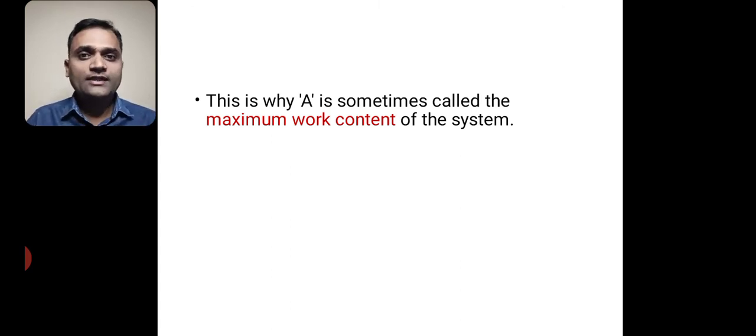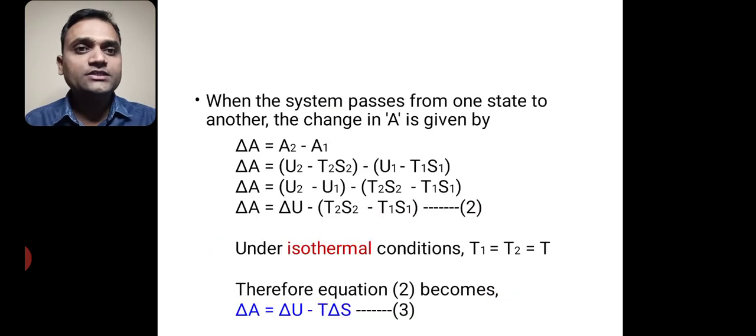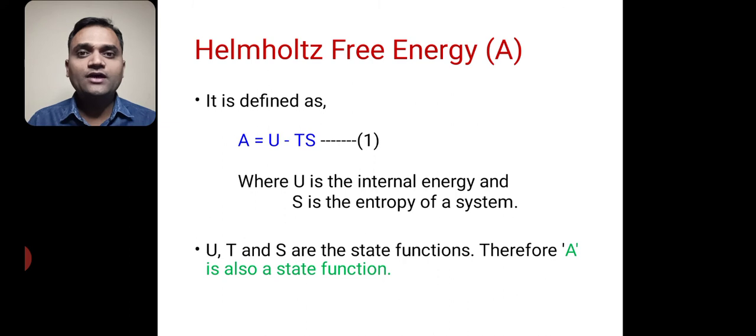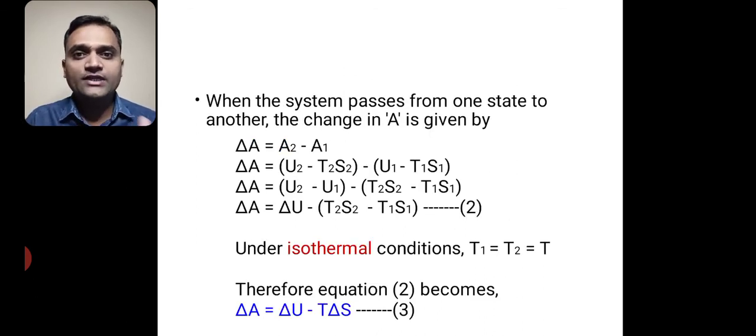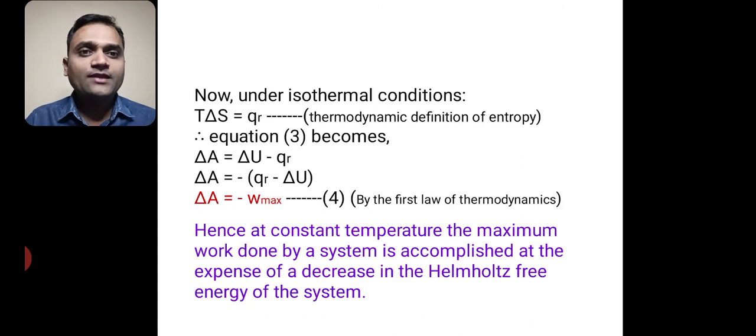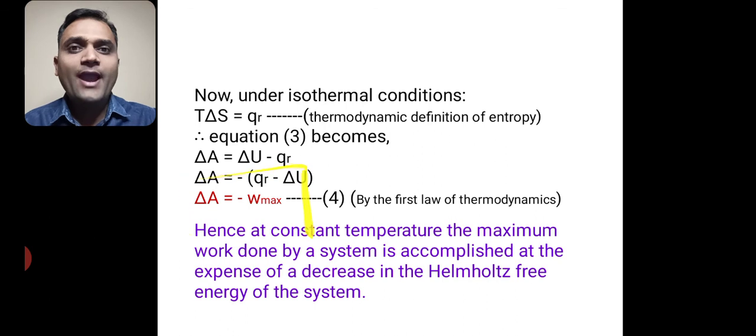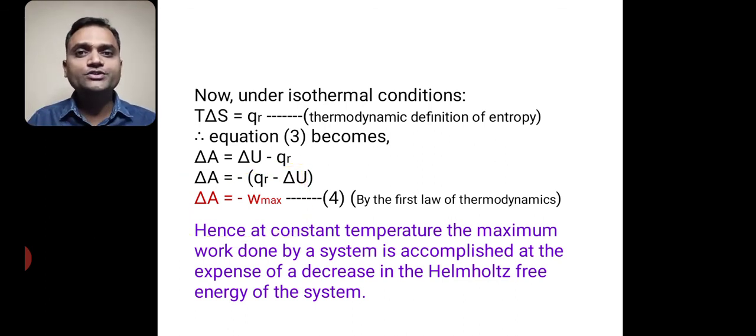So in this lecture we have studied in detail about the Helmholtz free energy. Initially we started with the definition of Helmholtz free energy. Then we saw that Helmholtz free energy is a state function. Then we derived the equation delta A is equal to delta U minus T delta S. Then finally we derived the equation delta A is equal to minus W max, and for the derivation of this equation we used two things.